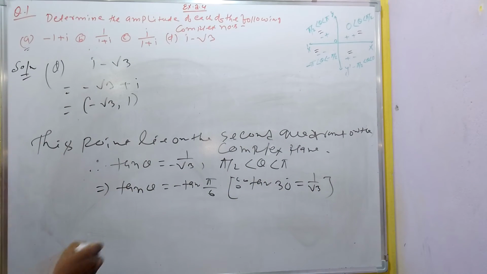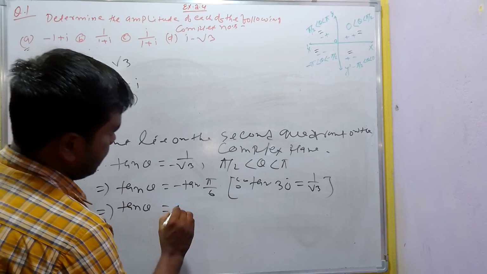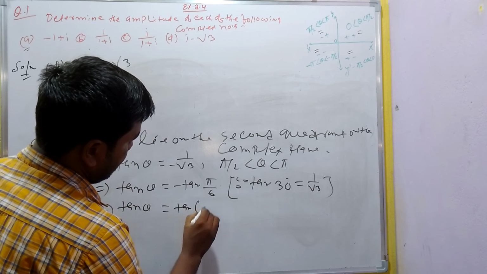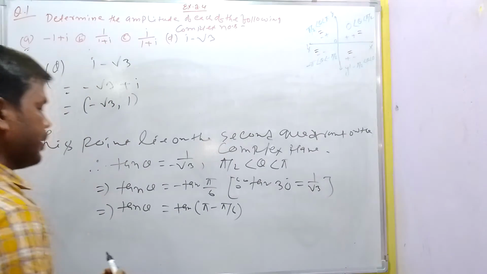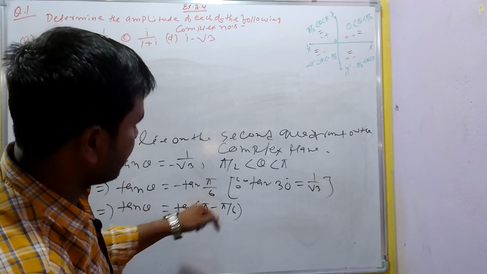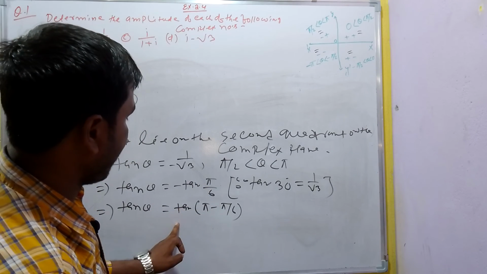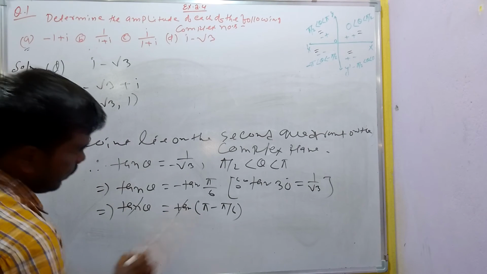Okay. Now you have to write tan theta equals tan pi minus pi by 6, since minus tan theta equals tan 180 minus theta. So this tan will be cut.